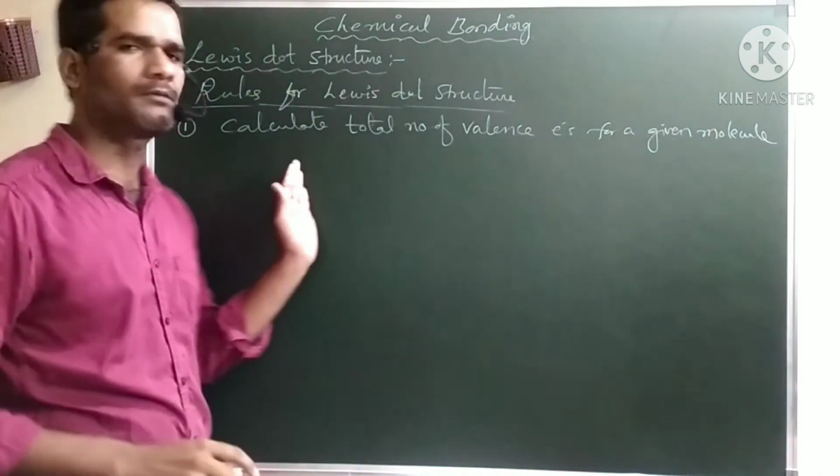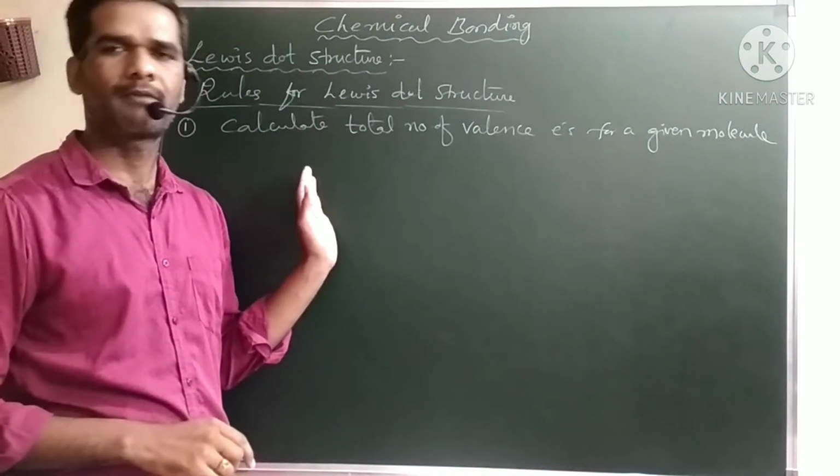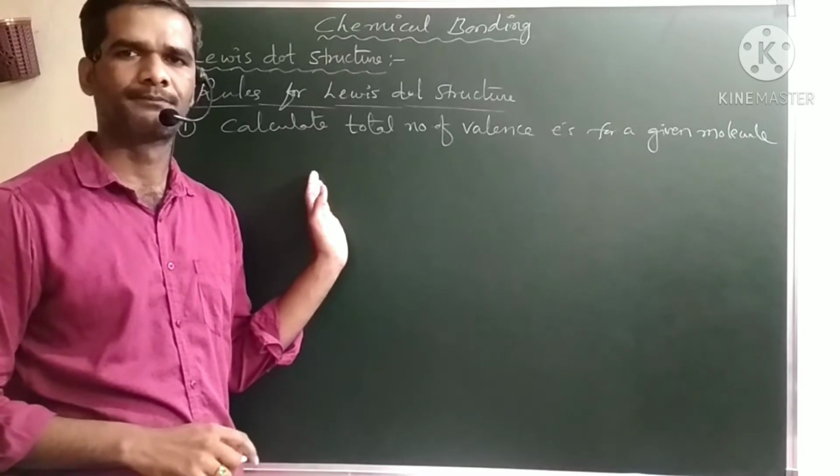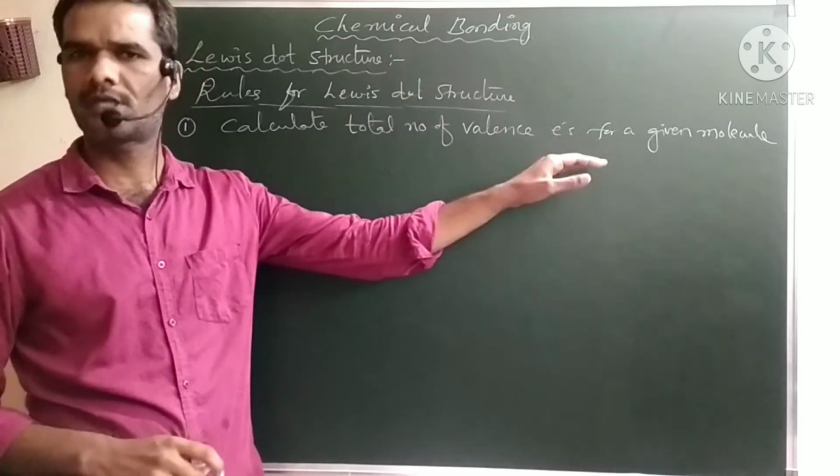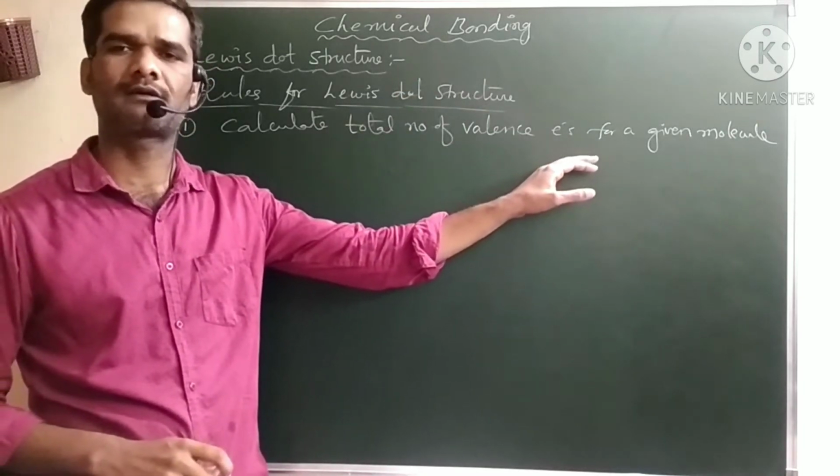Sometimes the molecule may be neutral or may be a charged one, an ionic form. If the molecule is neutral, you can find the valence electrons directly.